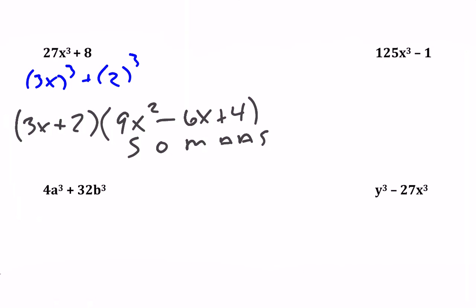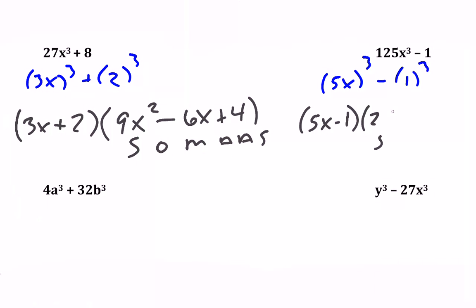So rewriting my second problem would be 5x cubed minus 1 cubed. So I'm going to write my binomial, 5x minus 1. Then I'm going to square my first term, so that would be 25x squared.